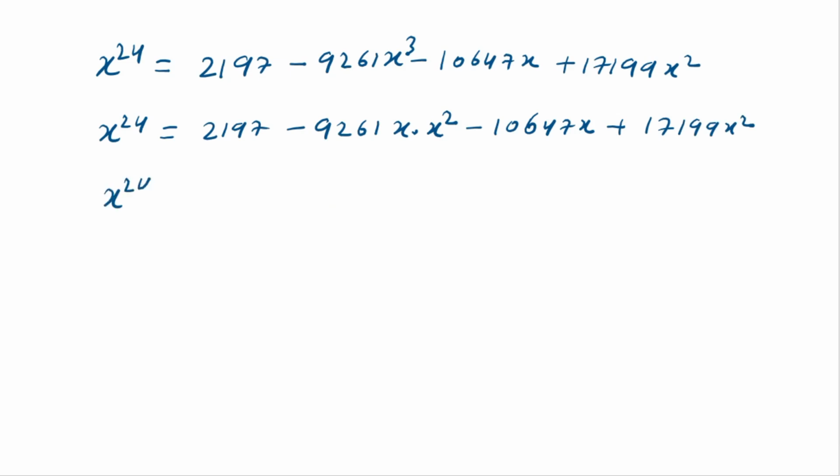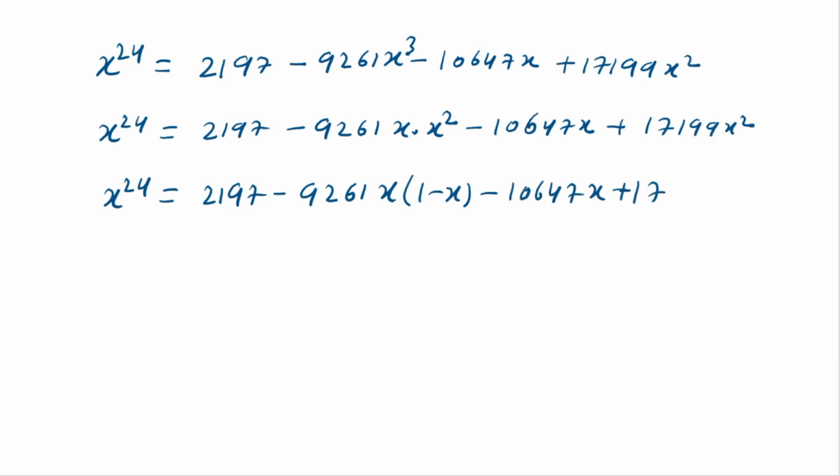So x^24 equals 2197 minus 9261x, and this x square is replaced by 1 minus x, minus 10647x plus 17199, and x square is replaced by 1 minus x.